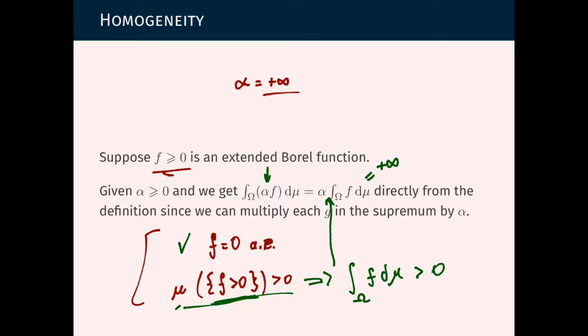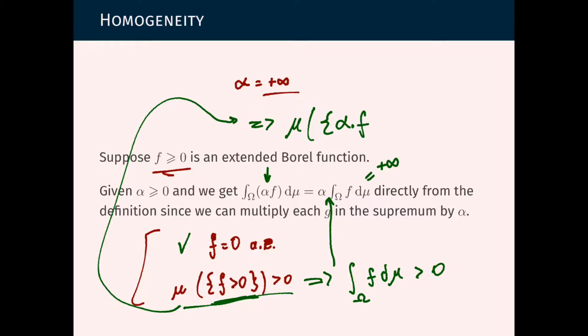So this implies that the measure of the set where alpha times f equals plus infinity is also positive, and it is the same set, in fact. And so we have a function which, on a set of positive measure, takes the value plus infinity.